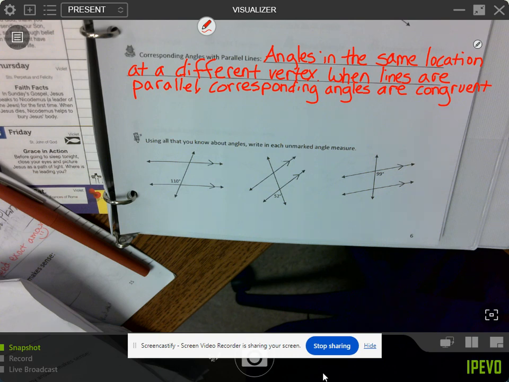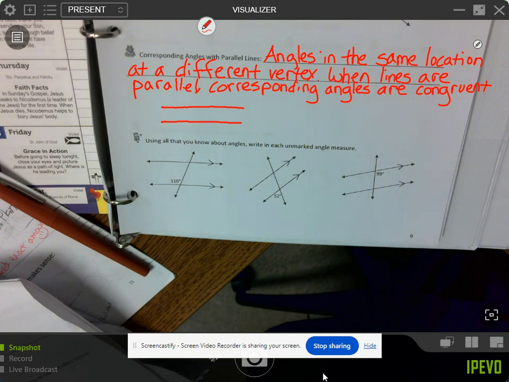If your lines are parallel, what is that? So how do we know for certain that they are parallel? I could have a straight line and a straight line. They're never going to touch. So parallel lines will never ever touch. They are the same distance away from each other. So those parallel lines will never touch.